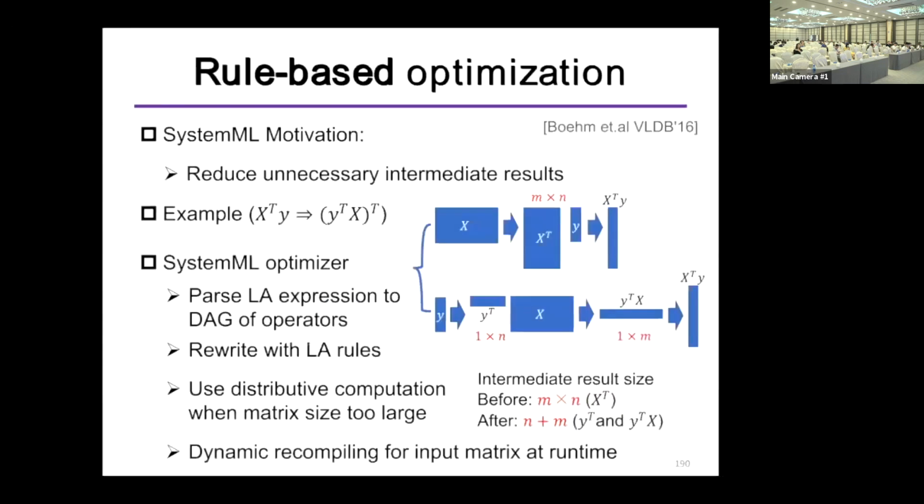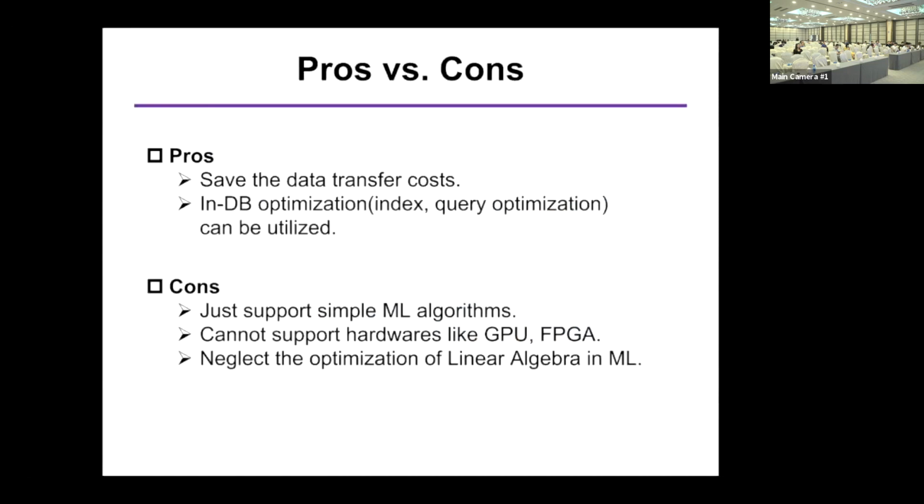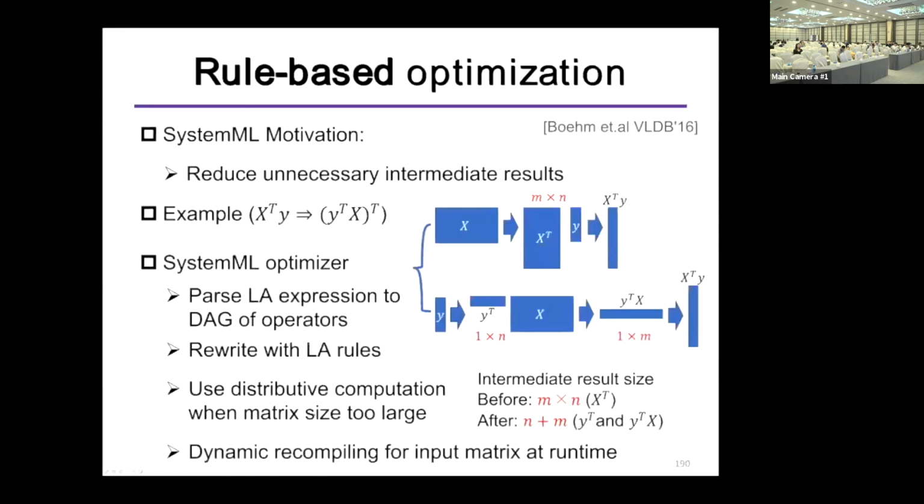So let's see how to optimize the linear algebra expression. First is rule-based optimization. It reduces the unnecessary intermediate results. For example, it transforms (X transpose Y) to (Y transpose X) transpose.